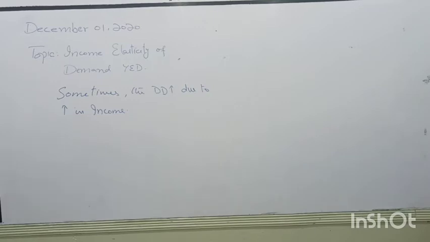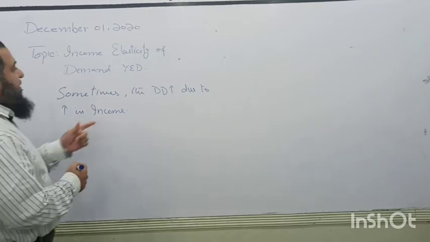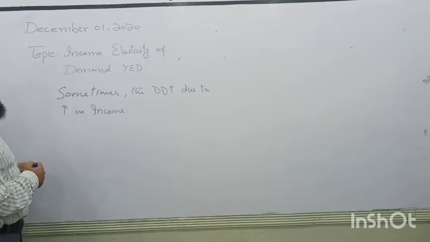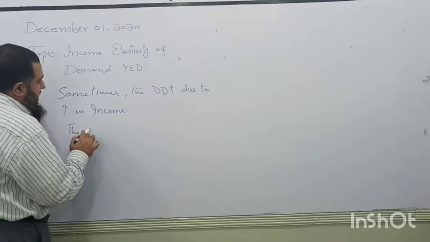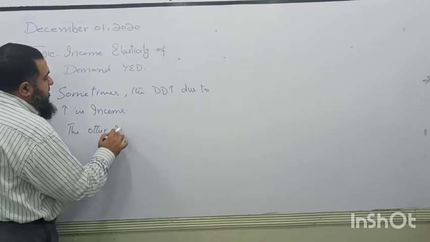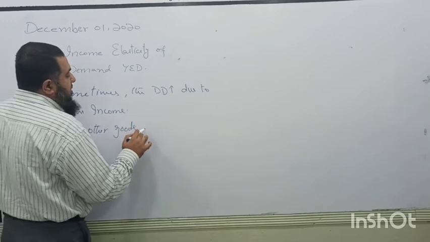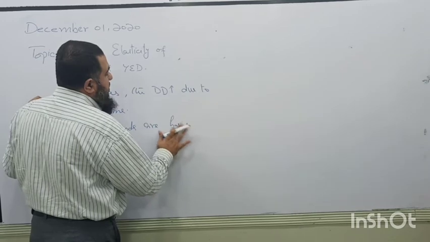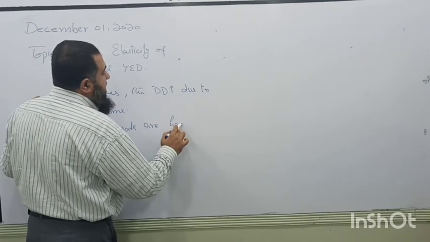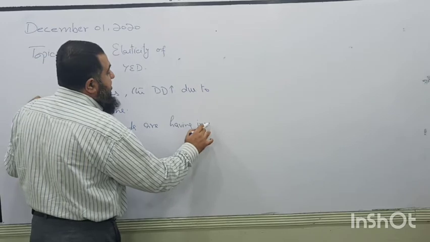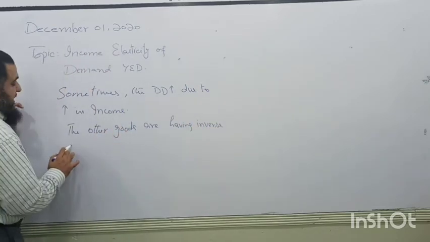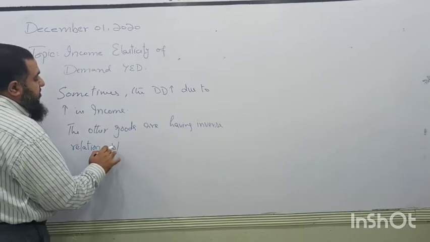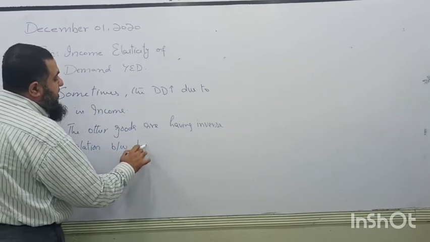What do you mean by normal goods? These are the goods which have a positive relationship between demand and income. And sometimes other goods have an inverse relation between income and demand.